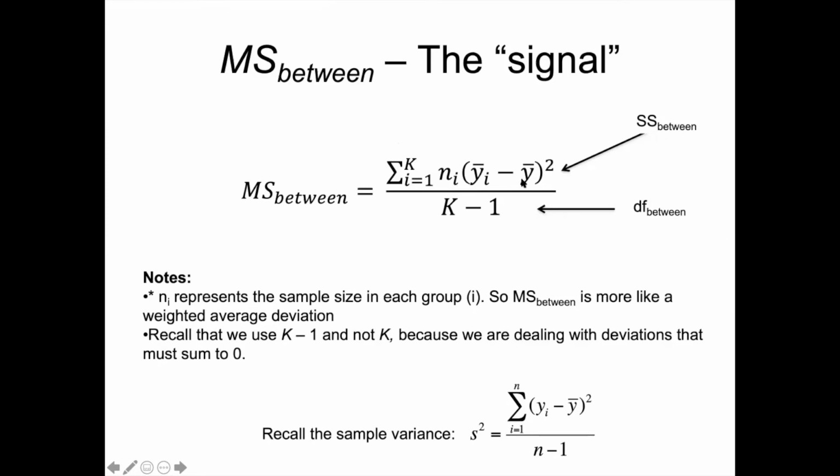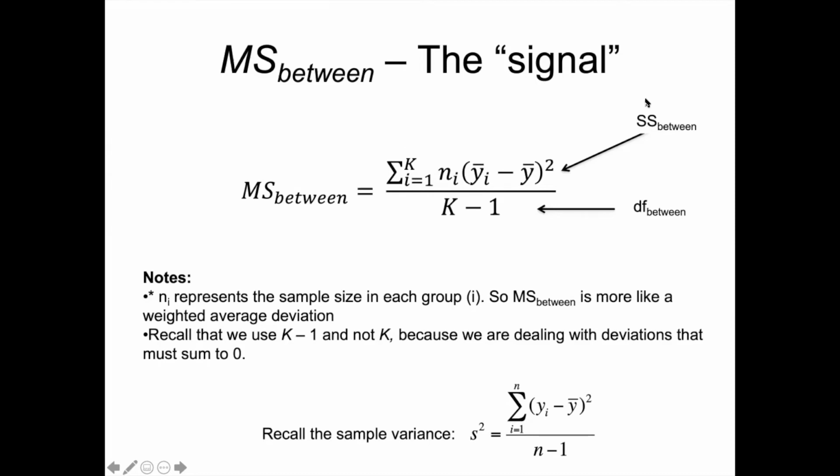This refers to the sum of squared deviations of each group mean from the overall grand mean, summed across all 3 of our samples. Okay, so the sum of squared deviations of each sample mean from the grand mean. And in the denominator, what we have is our degrees of freedom between groups, which is calculated as K minus 1.